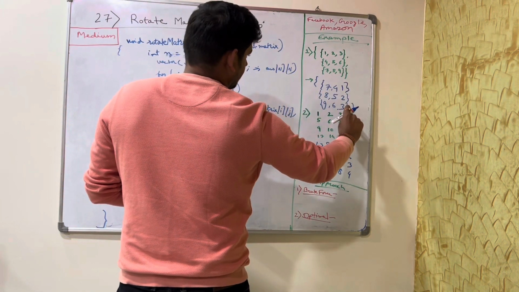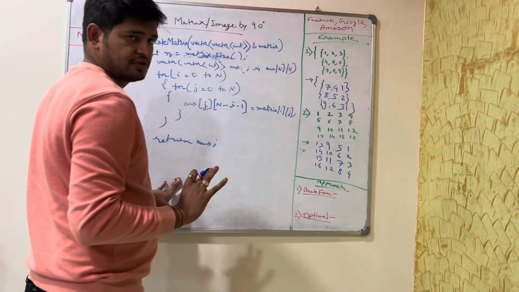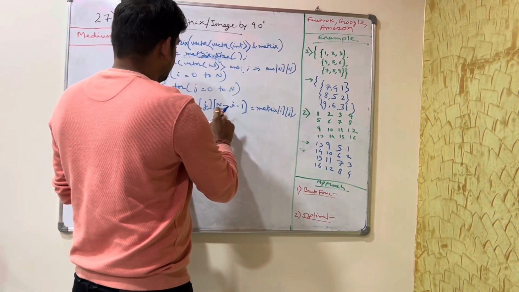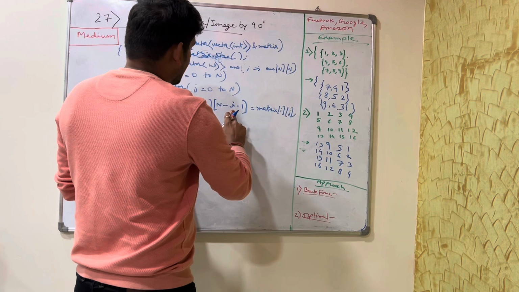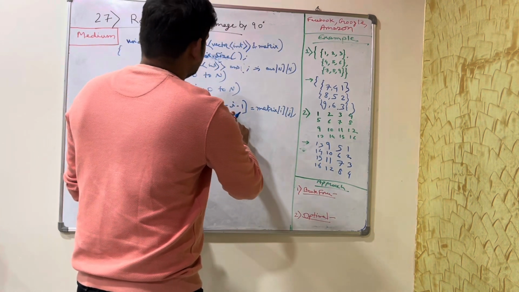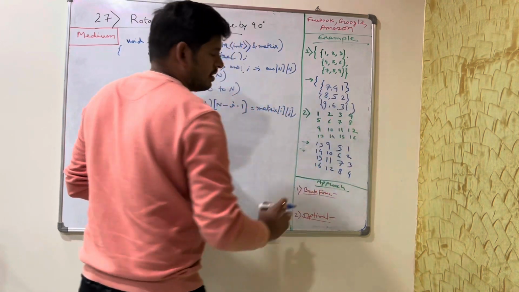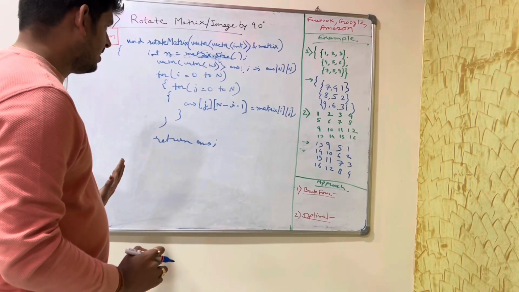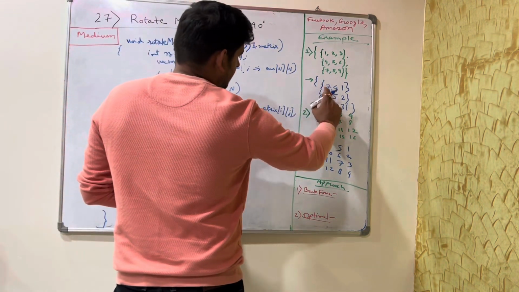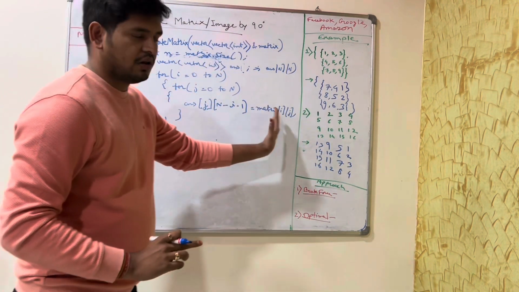Then the i value becomes 1 as well. So n minus 2 would be the second last column, and n minus n gives our first column, and we have all the answers.